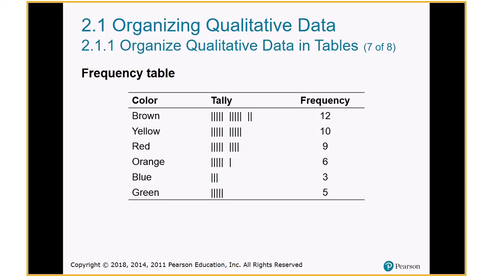So 12 over 45, 10 over 45, and so on. That way you'll have that in your notebook for an example, so you can't say I didn't show you how to do it. And you can just write it as a decimal.